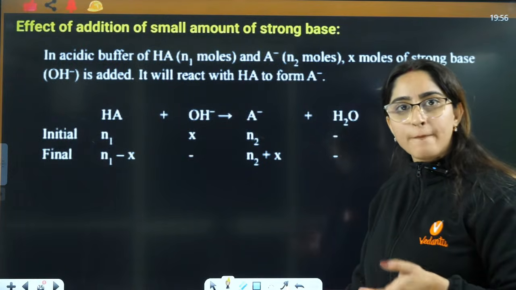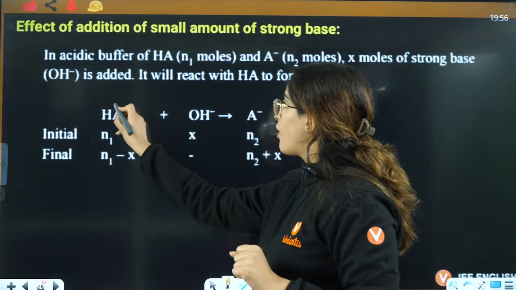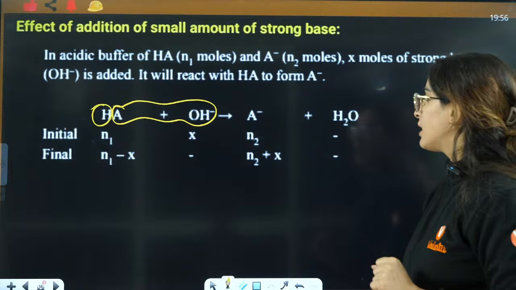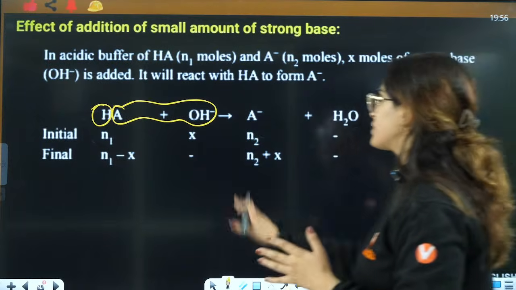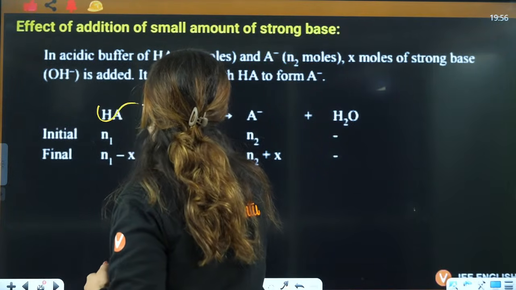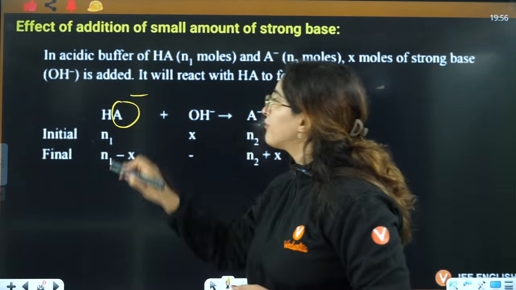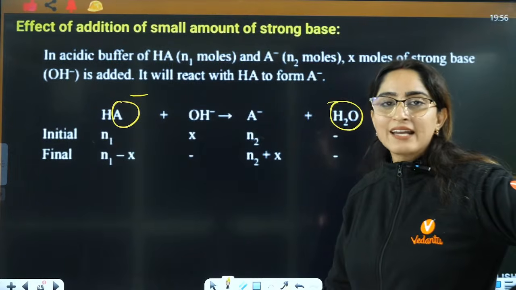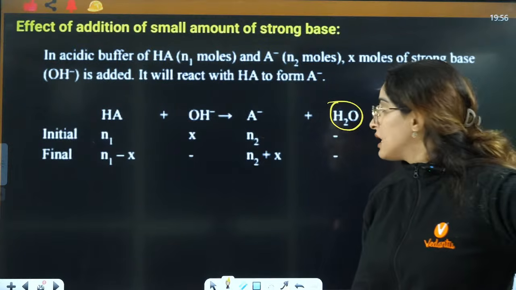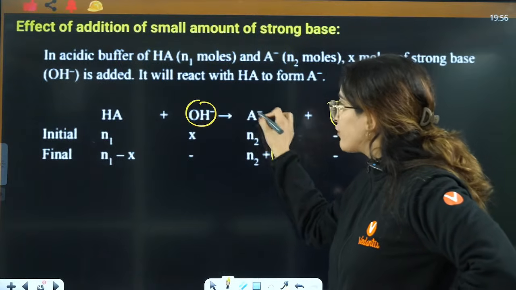It is going to react with OH negative and H positive. This will form HOH, that means water will be produced, and more amount of A negative will be there, because cation and anion will react, no? So A negative will be formed with this reaction. So the amount of OH negative you add, the same amount of A negative will be formed.